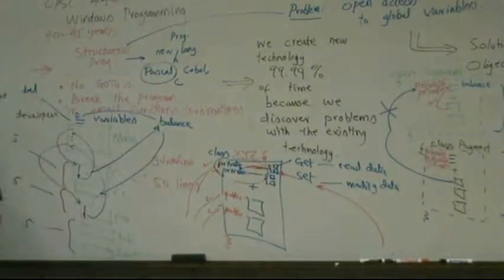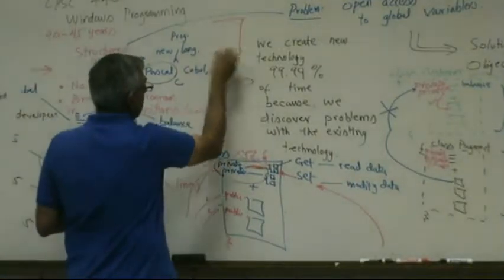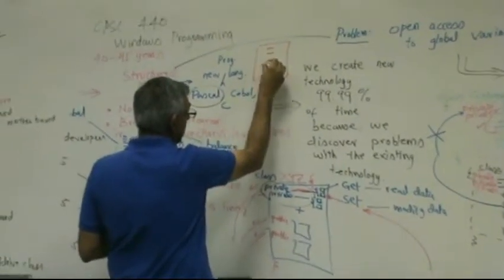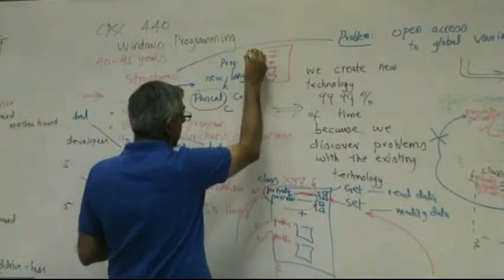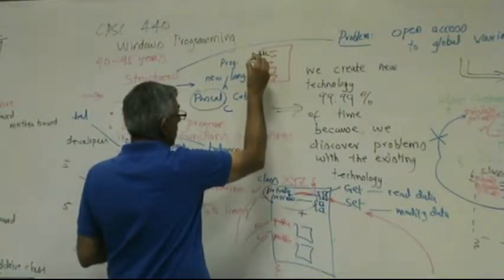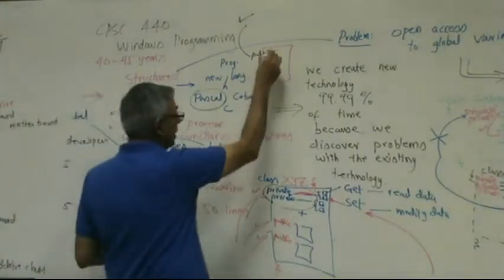So what's the answer? Accessibility. Okay, see in both cases, so again, let me repeat that question. In one case, we are making it public, so that from the outside, somebody can modify this data, correct?